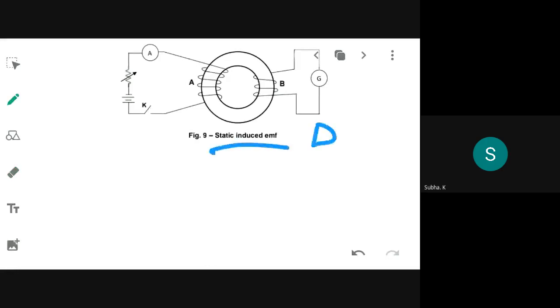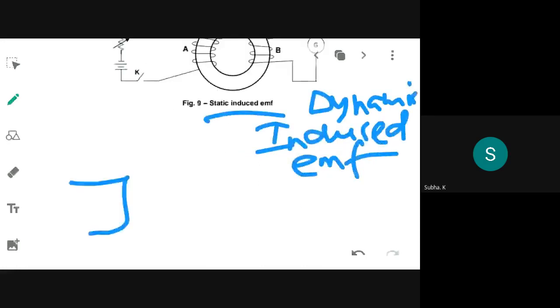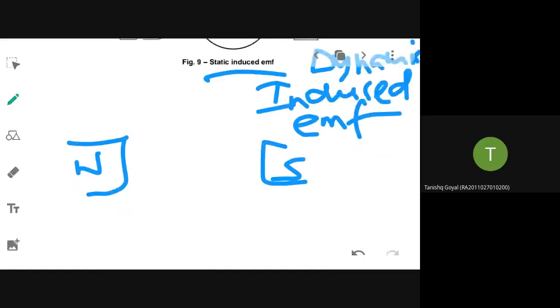One is statically induced EMF, and the other one is dynamically induced EMF. Just now I told you, if you are having a magnetic field, is this magnetic field stationary or rotating? This is stationary.